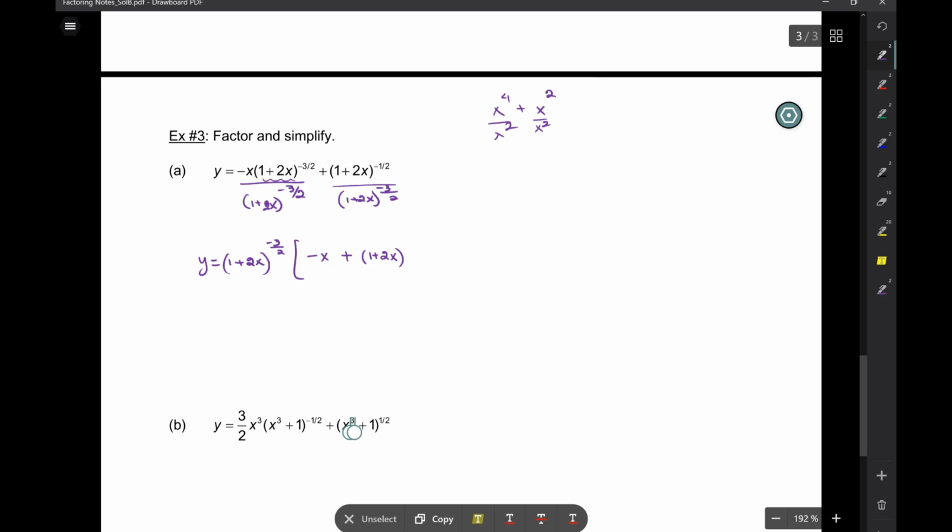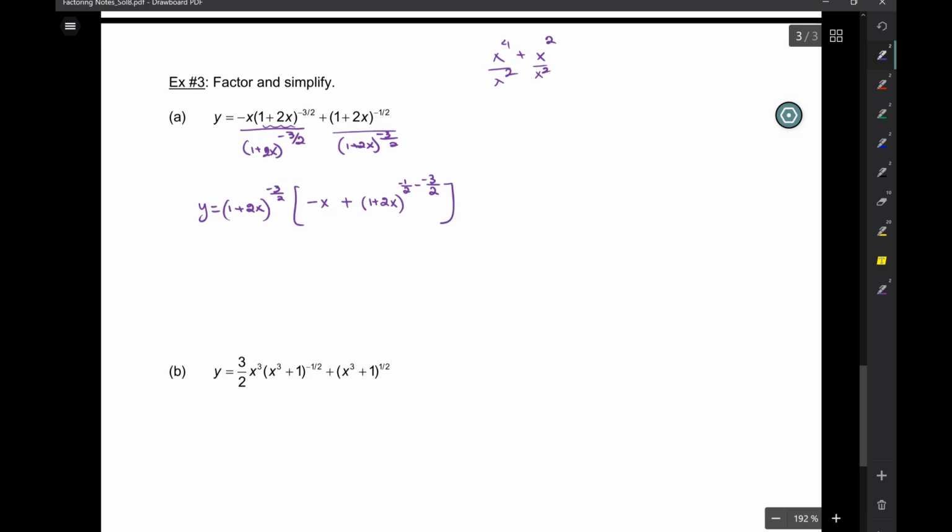What happens to the x to the 4 divided by x squared? What do I do to the exponent? Subtract them. Top minus bottom. Top, negative 1/2, minus bottom is plus 3 over 2. So how much is that? That's just 1. Because negative half plus 1.5 is 1. So y equals 1 plus 2x to the negative 3 over 2 times negative x plus 1 plus 2x.